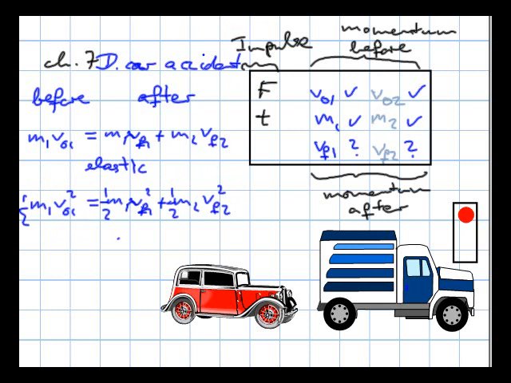Now the algebra would be quite involved. I would have to solve one over here and then plug it into the other one. However, there is an example in the book where they have already done that.